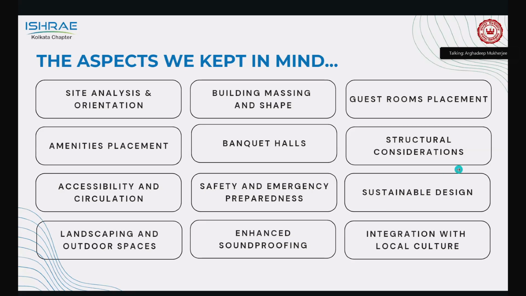I would like to add something to this slide as well. When we talk about guest room placement, amenities placement, banquet halls, structural conditions, you have to understand that for the five-star hotel which we were asked to make, we were given some conditions. There needed to be, I think, 80 rooms of specific size.